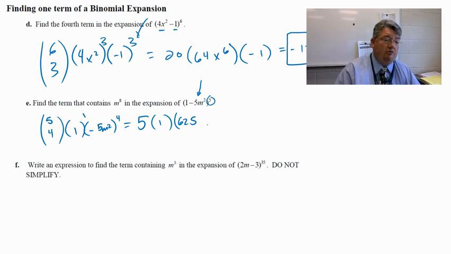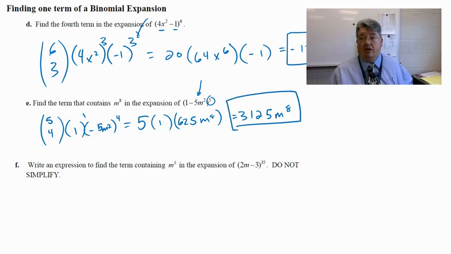And then m squared to the fourth makes m to the 8th. If I put all that together, 5 times 1 times 625 makes 3,125 m to the power of 8. And that's it. Cool. Bingo.